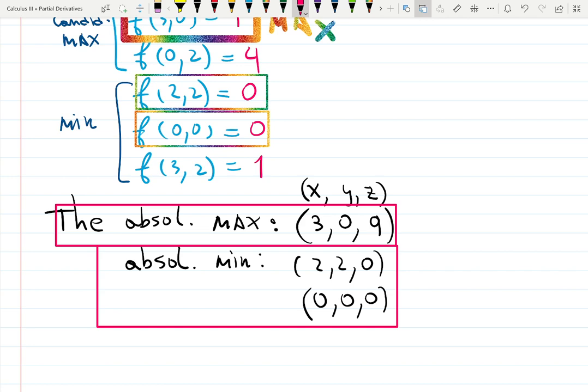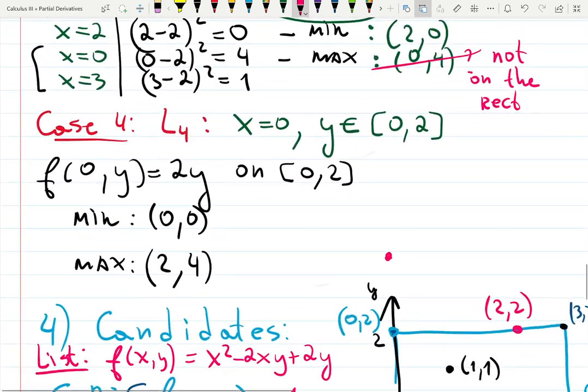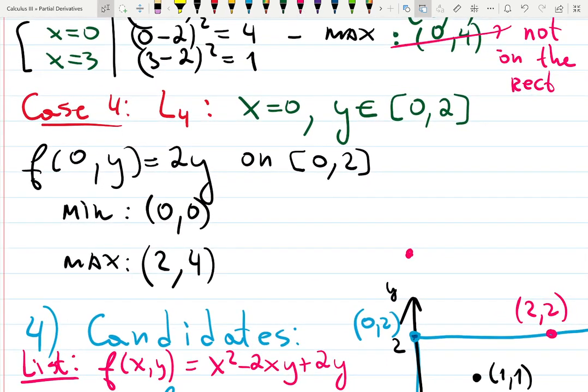For case 4, for the max, why did we put 4 for the y? Because didn't we plug in 2? So we plug in 2, and then 2 times 2, right? But wasn't it 0 for x? You're agreeing 0 and 2, right?